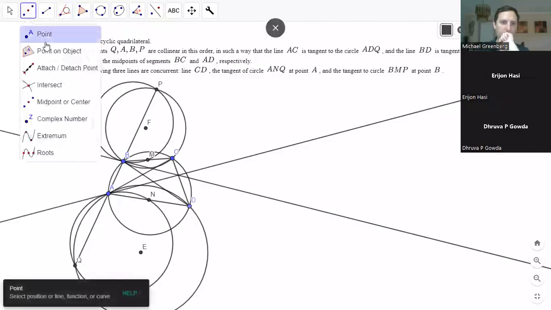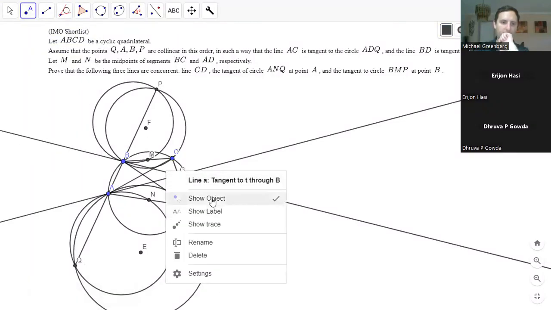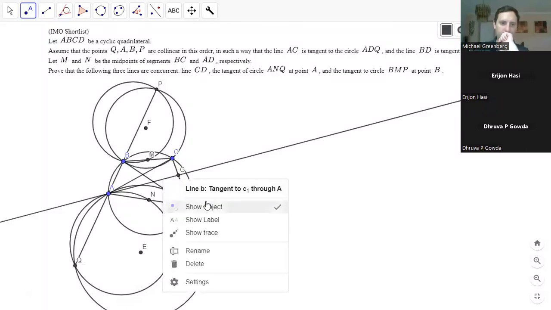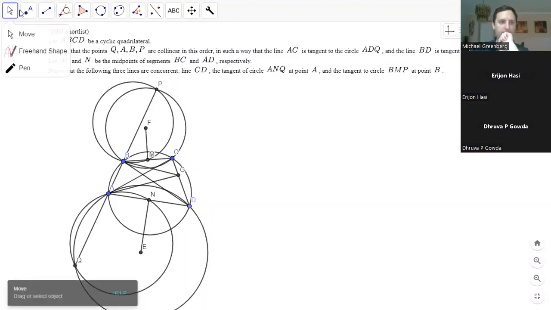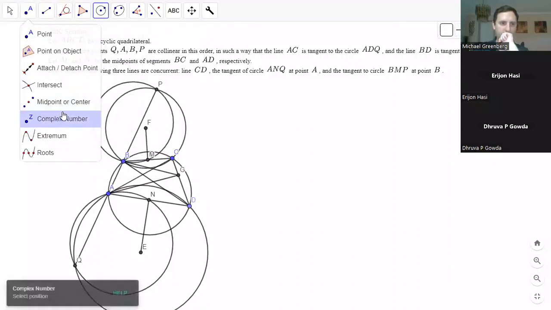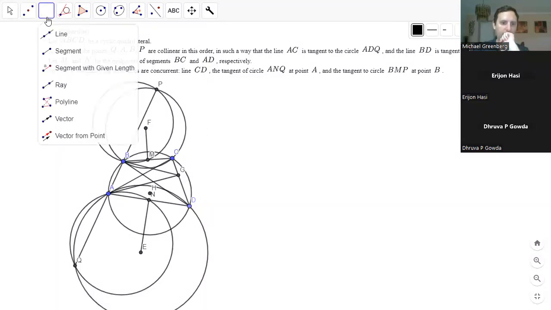So let's draw. We don't know this point exists yet, but I wonder if there's something special about it. So I'm just going to keep it there. Obviously, we have a perpendicular here and a perpendicular here, and not only that, they should meet at the center of this circle. So they should both pass through.